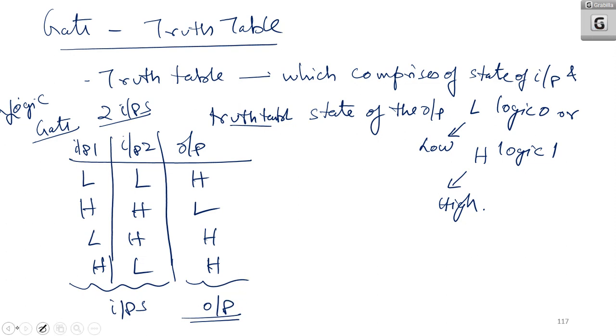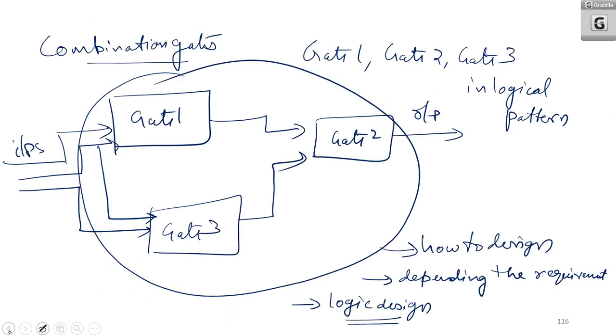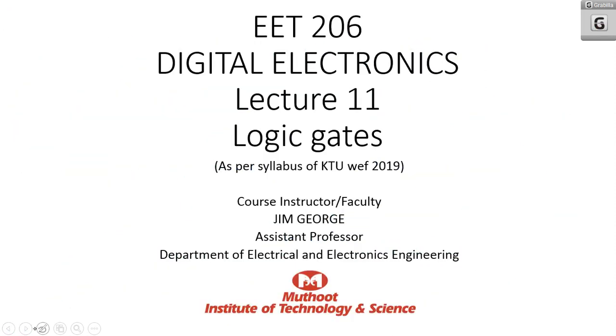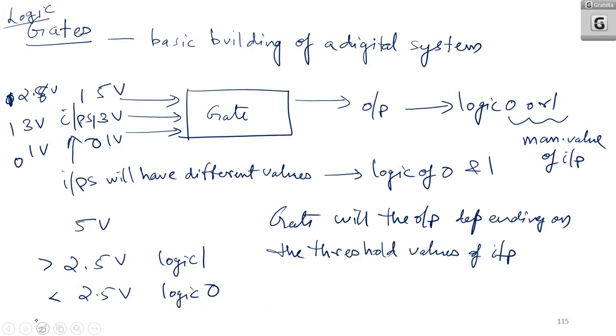In this lecture we have started with an introduction to logic gates. A gate is basically a black box having inputs of logic 0 and logic 1, based on some threshold level. Here I have mentioned 2.5 volt as the threshold level.